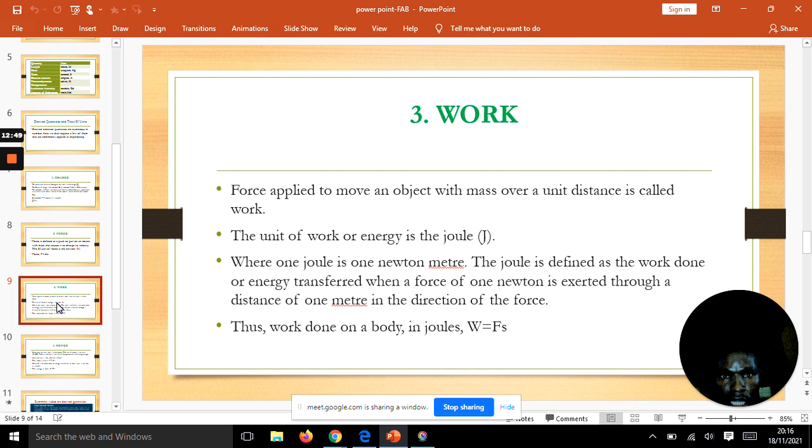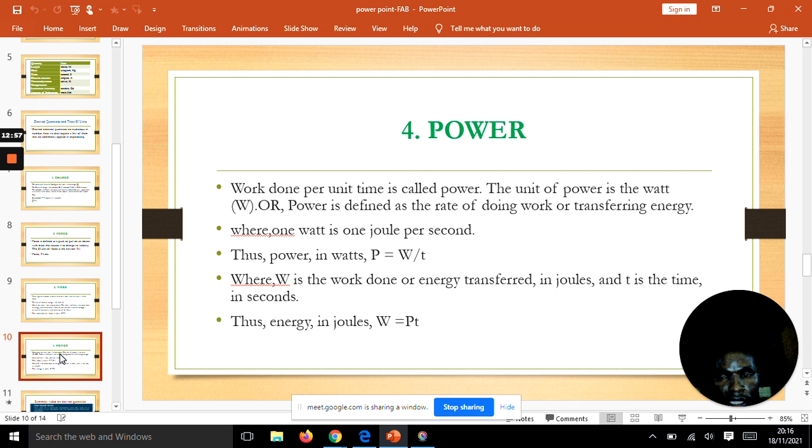Now we proceed to our last derived quantity, which is power. Power can be defined as the work done per unit time. In short, we can define it as the rate of doing work.